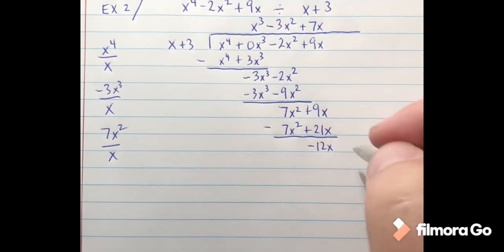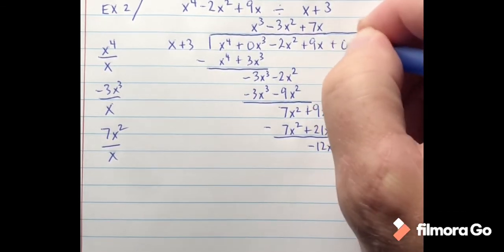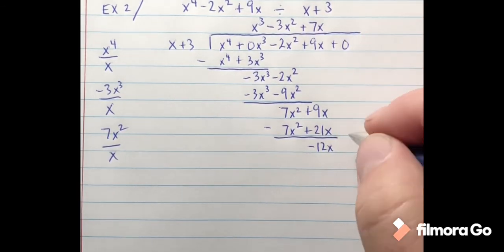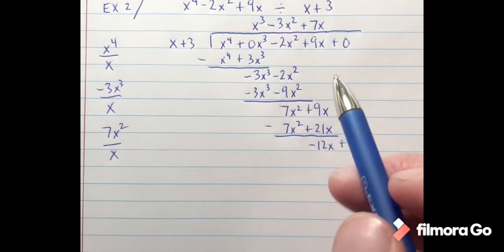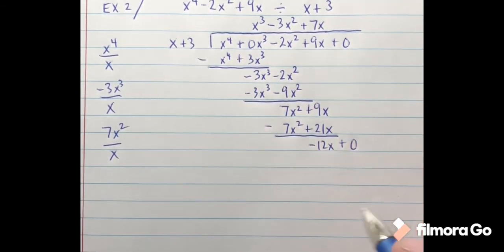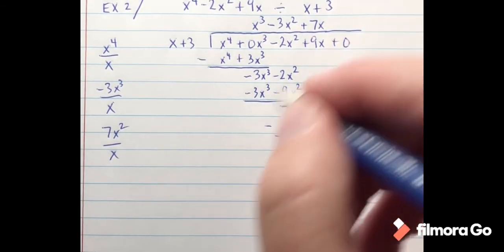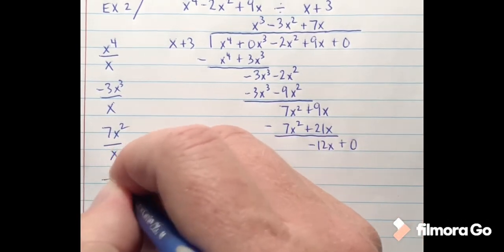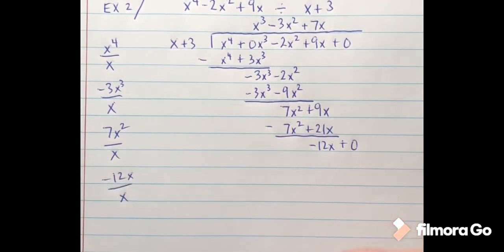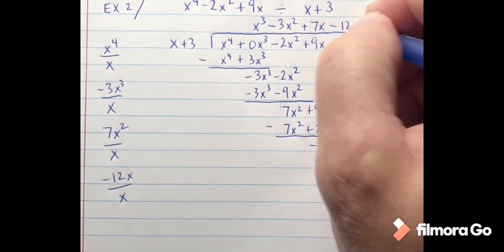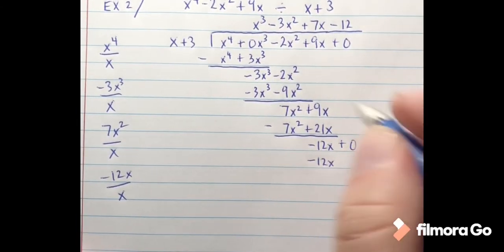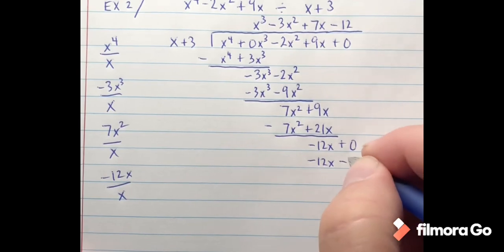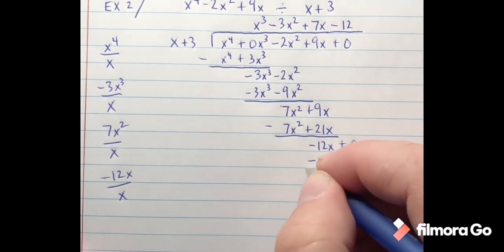Again, I don't have anything to bring down. It's just 0. So I might just put plus 0 here. I'm asking myself, how many times does x go into negative 12x? Well, again, if I write that over here to the side, it gives me negative 12. So I now have negative 12x minus 36.